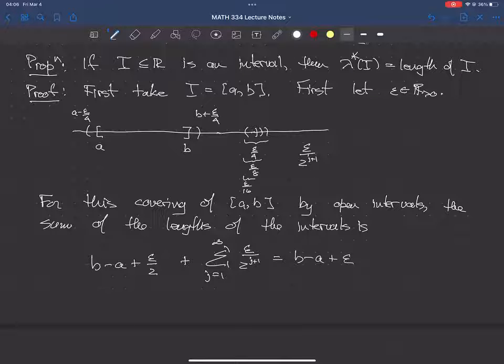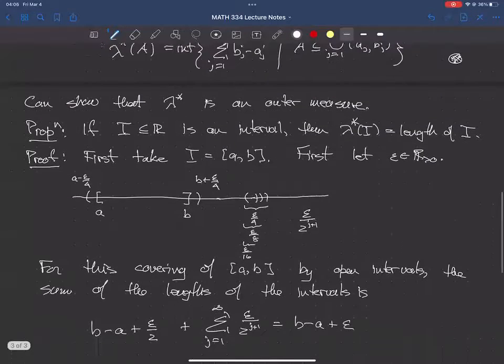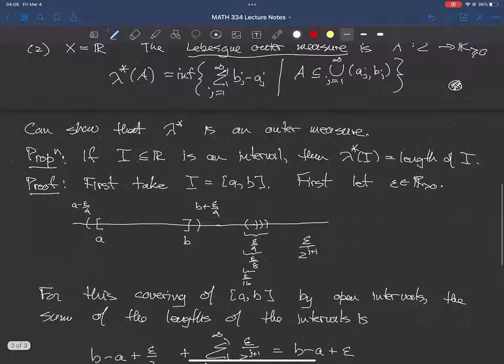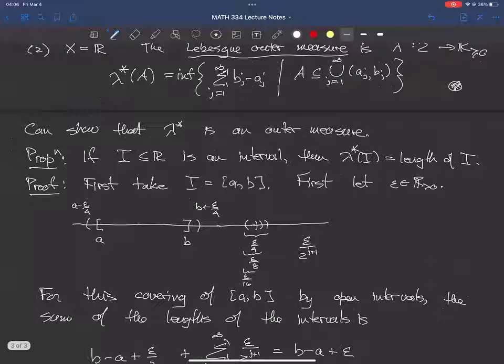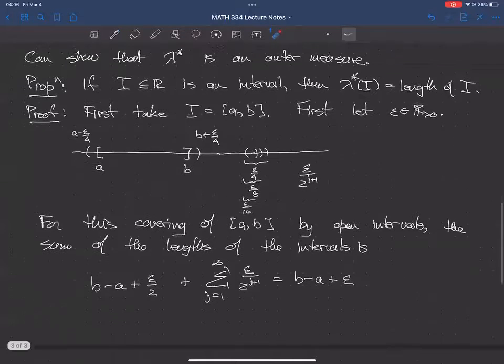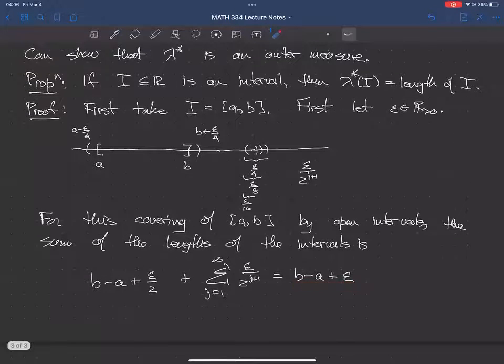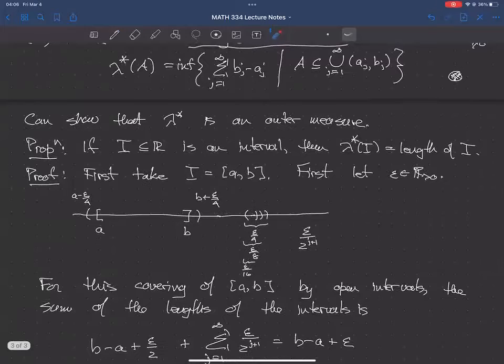All right. Okay, and so what I've done is I've found some open covering for which this number is equal to that. Okay, and so I know, therefore, that since the Lebesgue outer measure is the infimum of all of these, it must be less than or equal to that number that I just found.